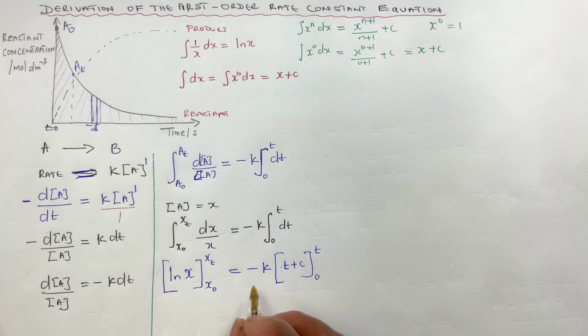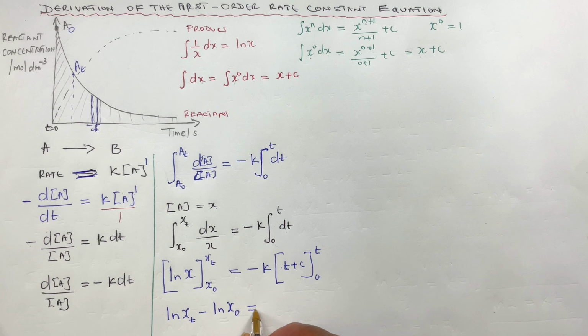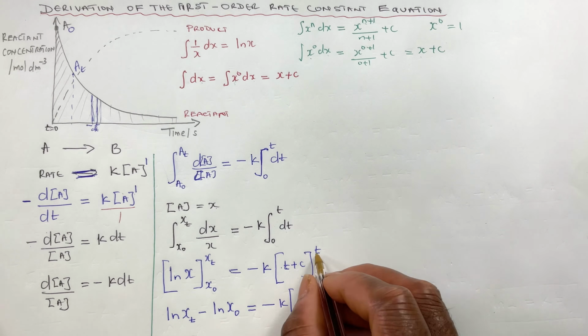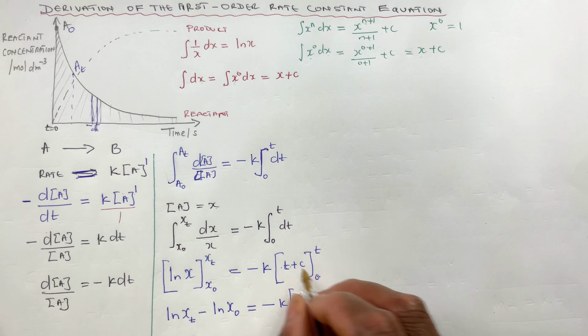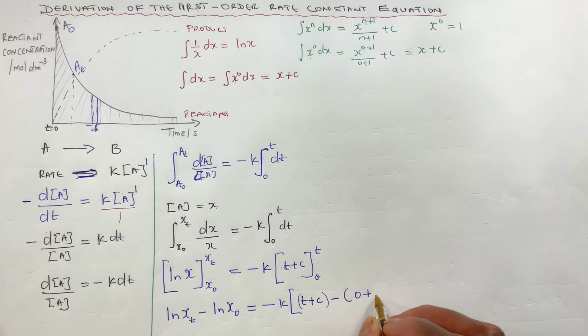As this is a definite integral, this is going to be ln x subscript t minus ln x subscript 0 equal to minus k. Let's put that into t plus c, because t equals t, minus, for t equal to 0, that'll be 0 plus c, close the bracket.